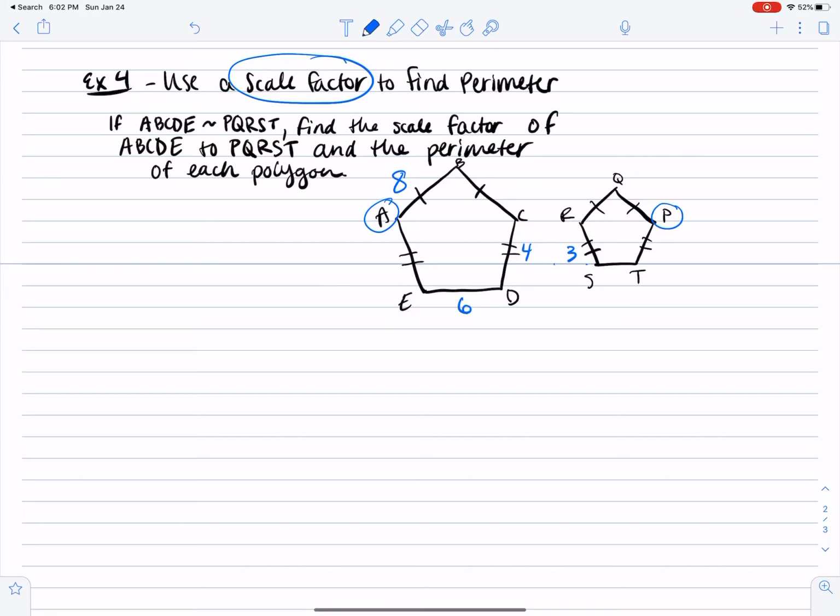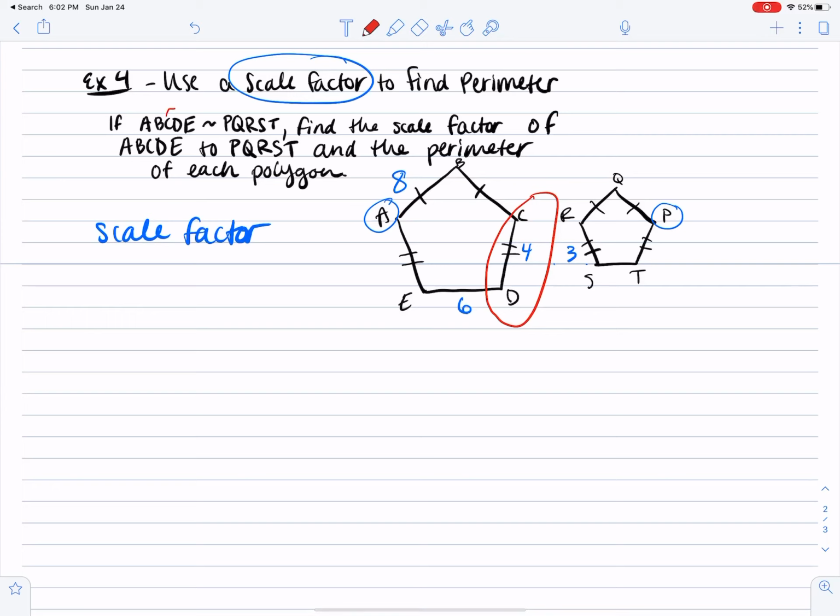So to find the scale factor, it's just asking how much bigger is A, B, C, D, E than P, Q, R, S, T. So we can just pick one set of sides from each and match them over each other. So let's pick CD, since that side is given to us and it matches with RS.